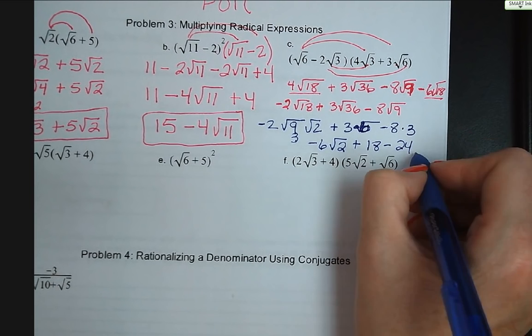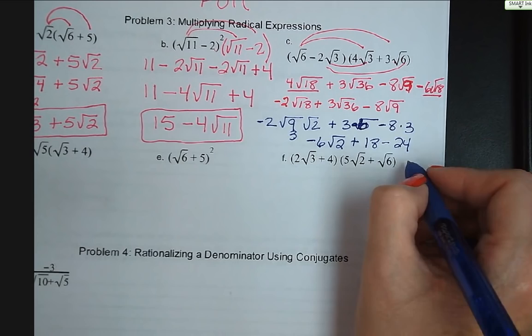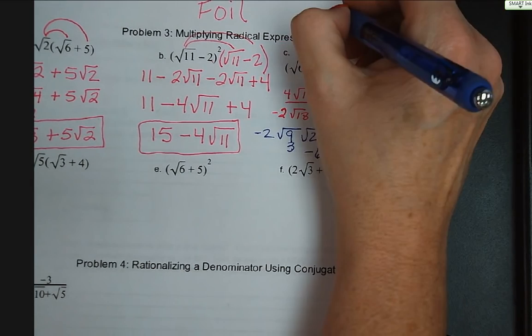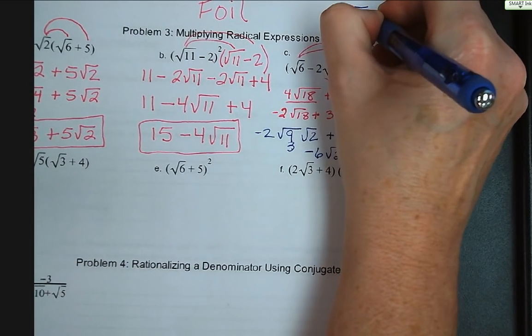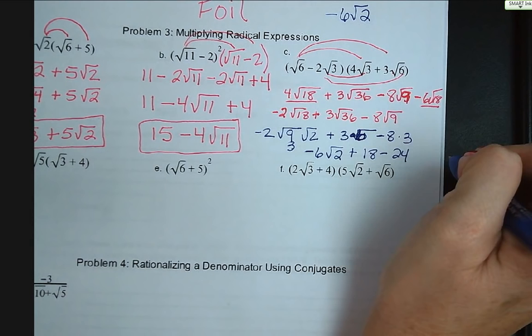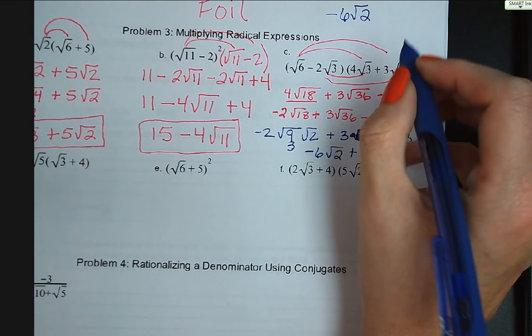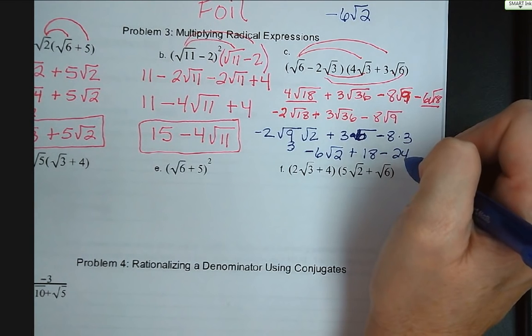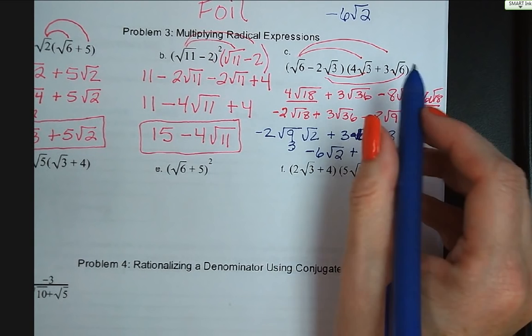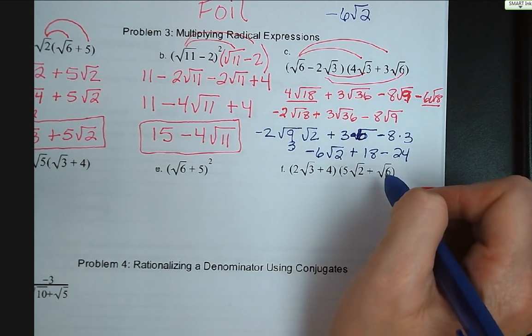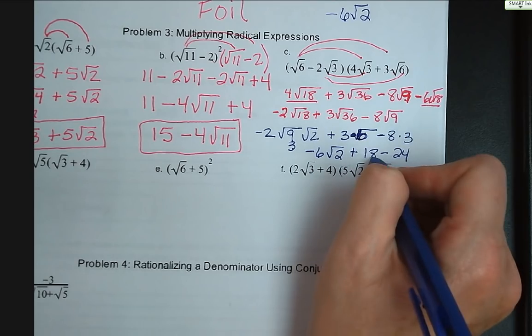Clean that up and you finally get negative 6 root 2 minus 6. You have a minus 42. You had this as a negative.